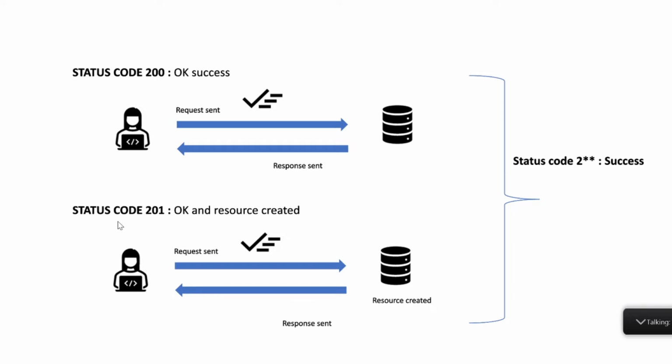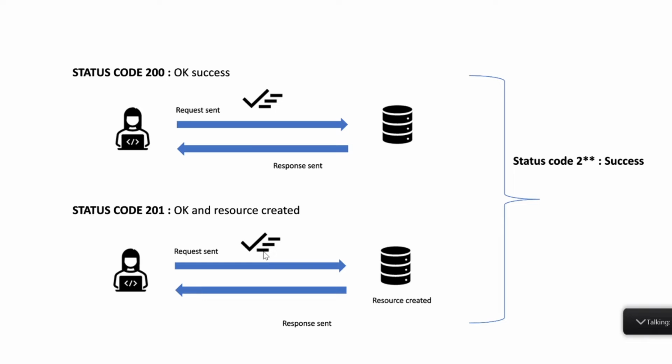For the 201, it also means that your request was perfectly fine, the server was able to understand it, and on top of that, it created a resource. Meaning your request included the creation of something on the server side.